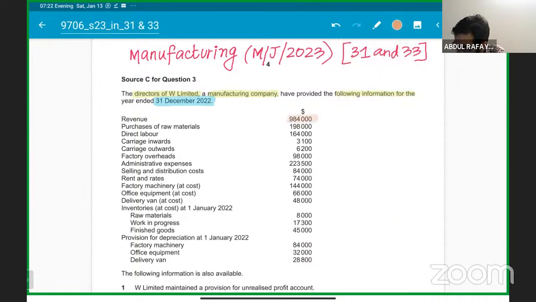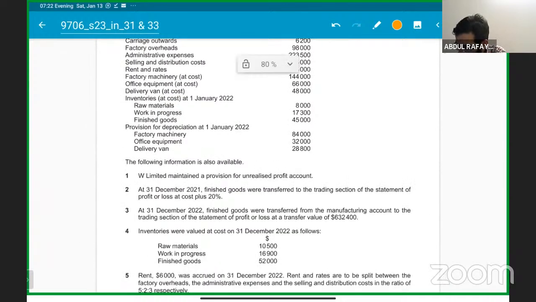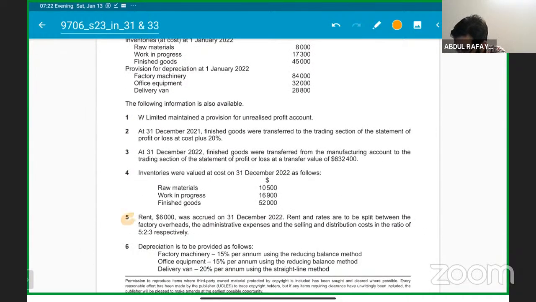So we have revenue, purchase of raw materials, direct labor, carriage inwards, carriage outwards, factory overheads, administrative expenses, selling and distribution cost, rent and rates, the cost of the non-current assets, inventories at cost, very important to understand that inventories are at cost, then provision for depreciation, and then these are the adjustments, 1, 2, 3, 4, 5, 6.